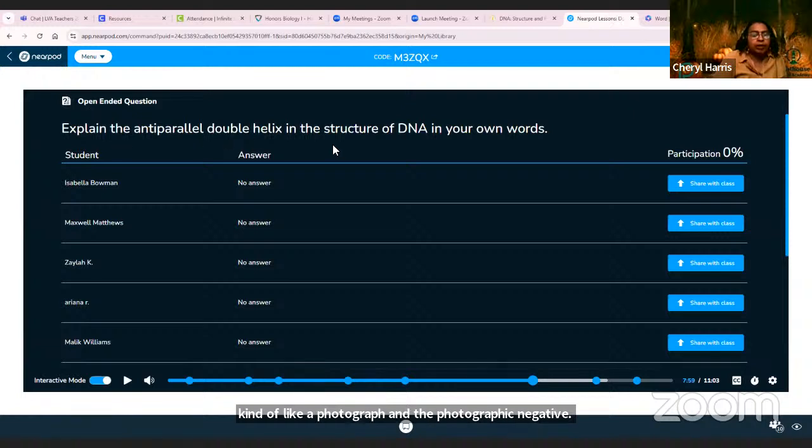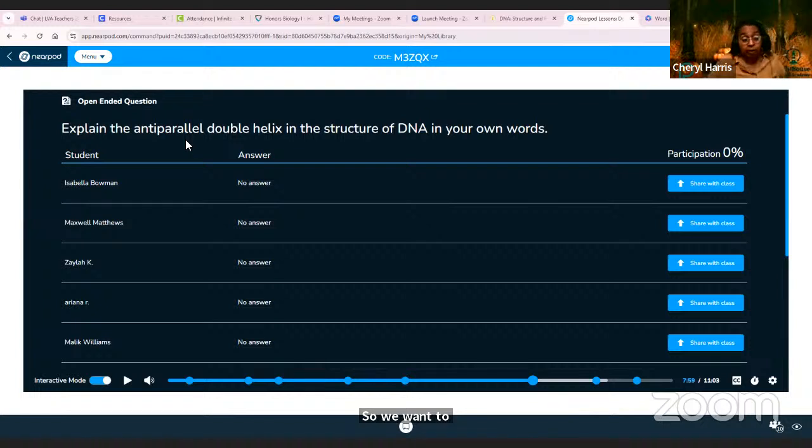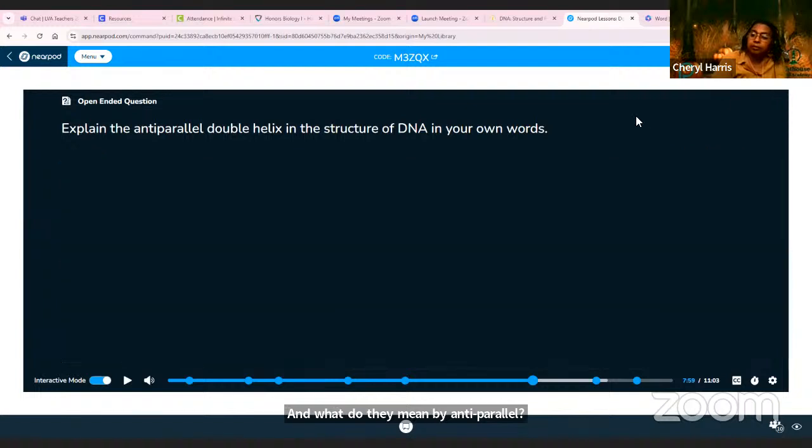Okay, anti-parallel. So what do they mean by anti-parallel? Parallel, that you got two runs of your ladder. And what do they mean by anti-parallel? Remember, everybody should be giving an answer.